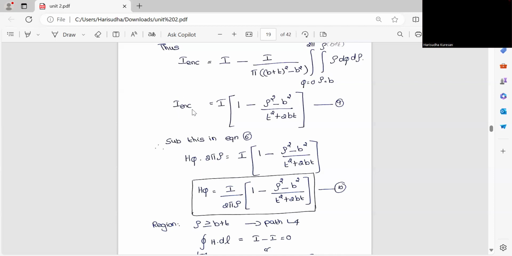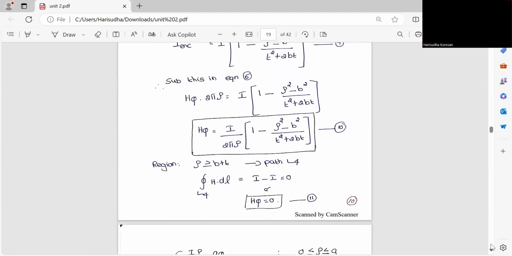Instead of H dot dl, what do we have? H phi into 2 pi rho. That is what I have written, equal to, the right hand side remains the same: I times 1 minus (rho square minus b square) divided by (t square plus 2bt). Therefore, bringing this 2 pi rho to the other side, in the denominator, we get H phi equal to I divided by 2 pi rho, times 1 minus (rho square minus b square) divided by (t square plus 2bt).